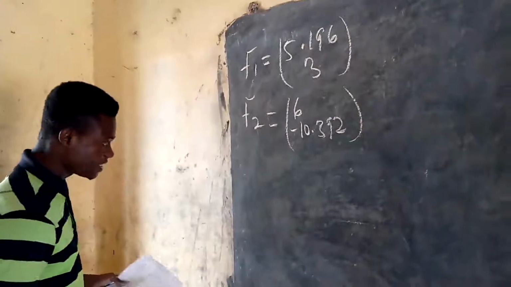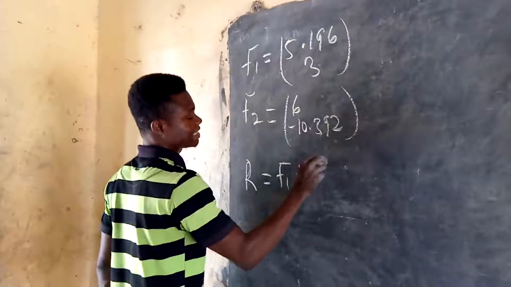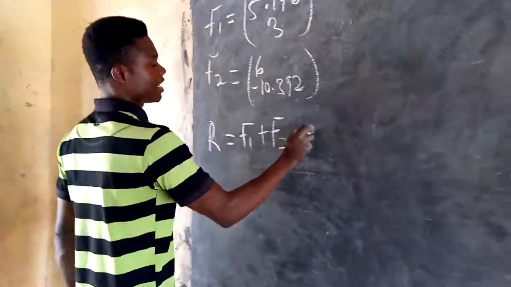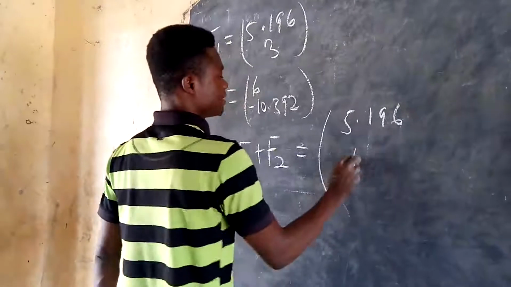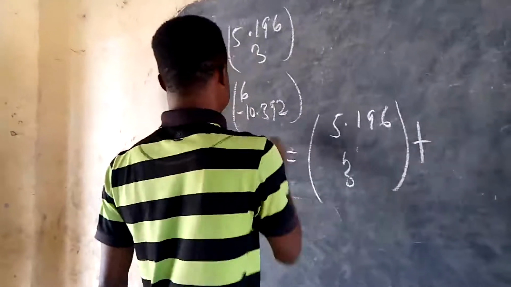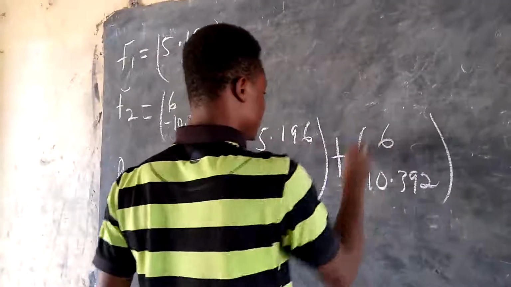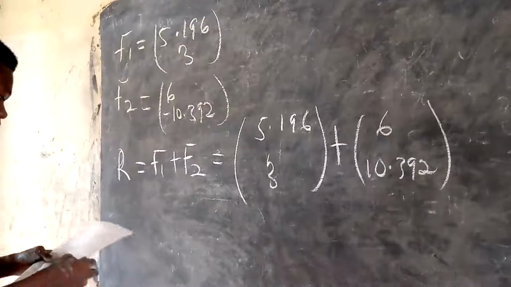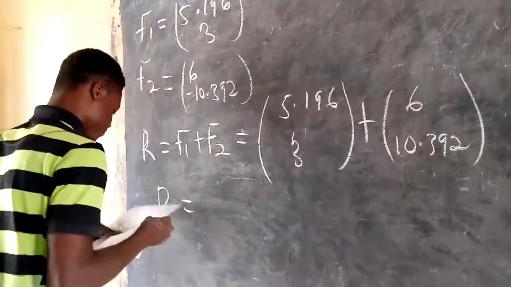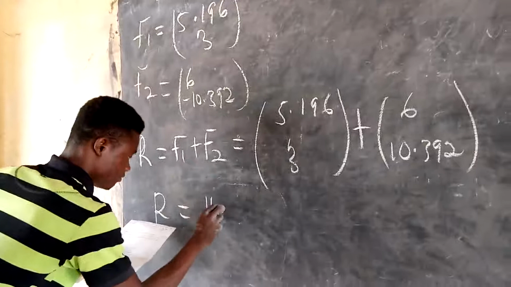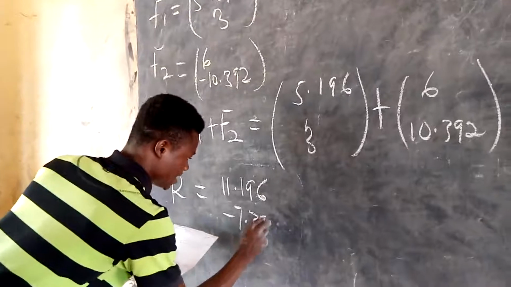The resultant R should equal F1 plus F2. So my F1 is 5.196 plus my F2, 6 and minus 10.392. Putting everything together, we have our R equal to 11.196 and minus 7.392.